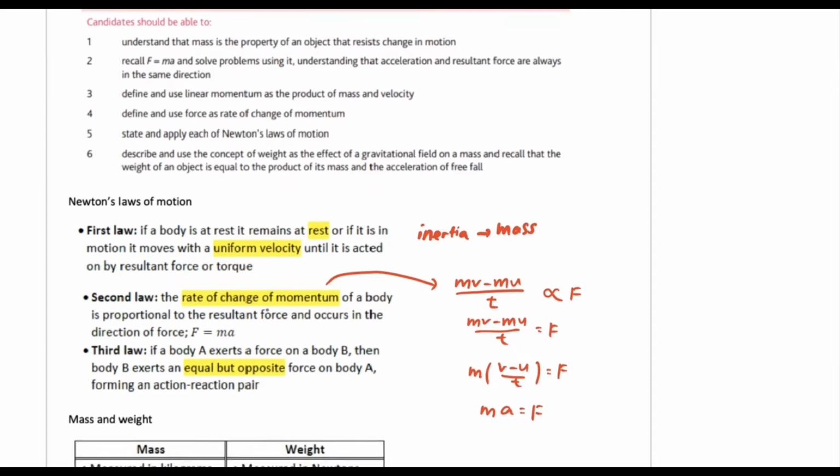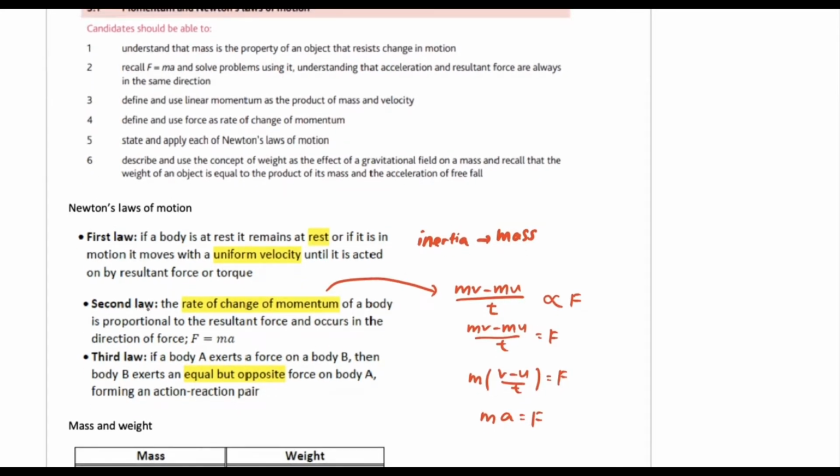Sometimes you may see the second law given in this particular way: a equals F over m, where they put the second law as acceleration is directly proportional to force. That means the greater the force, the greater the acceleration.